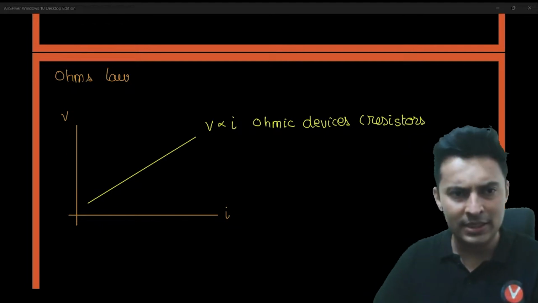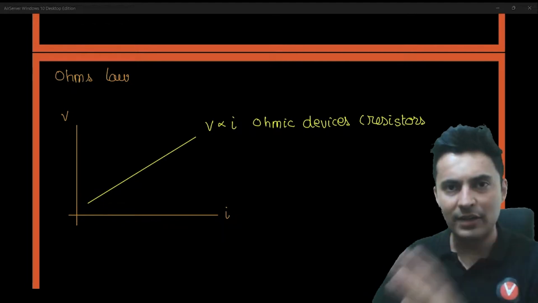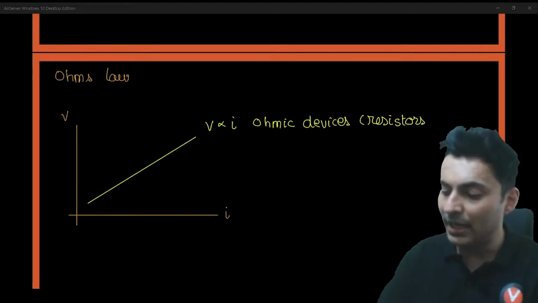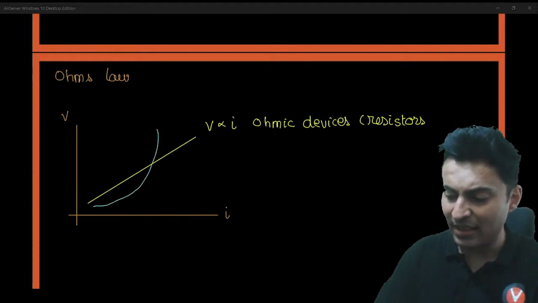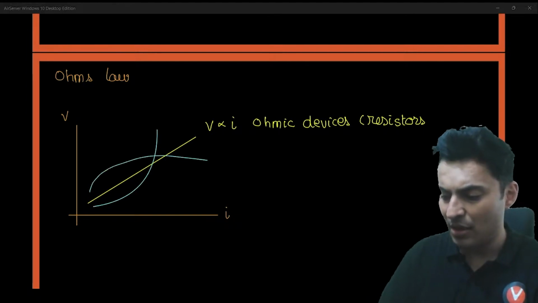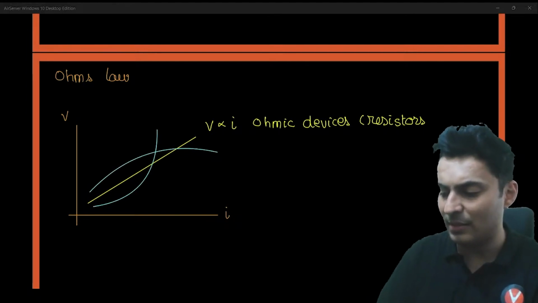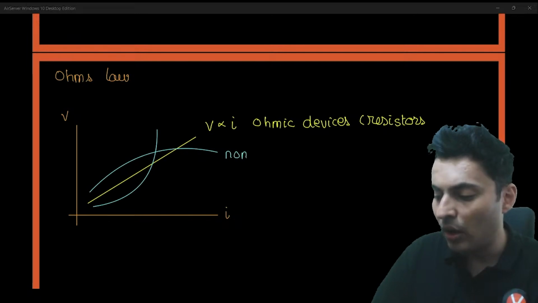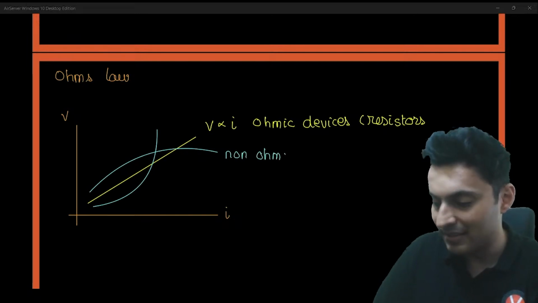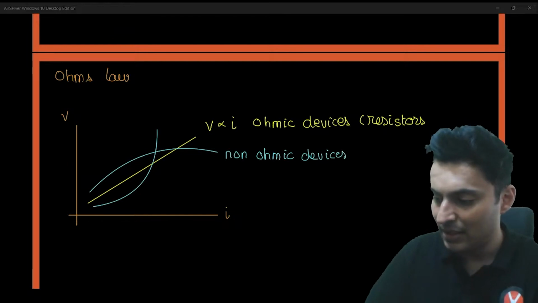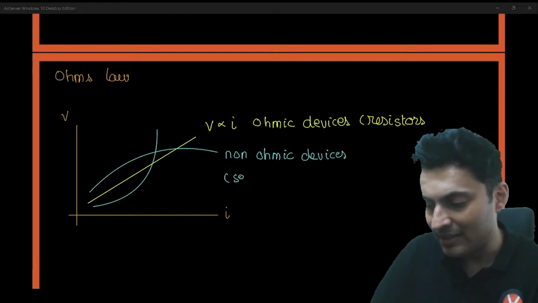And for most conductors, you will see the graph is a perfect straight line. But there are many devices where the graph could be curved like this or like this. Doesn't matter. These are non-ohmic devices. The best example for that is a semiconductor.